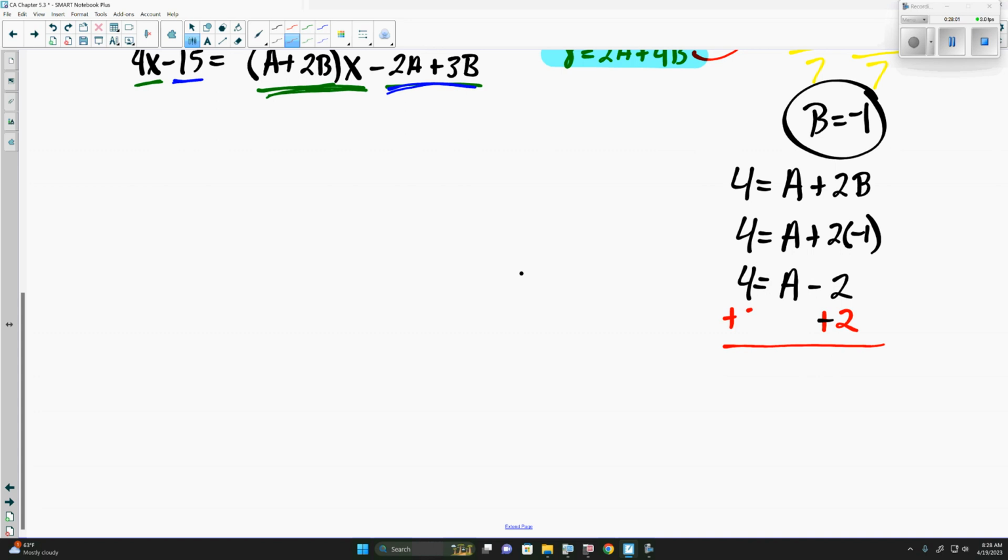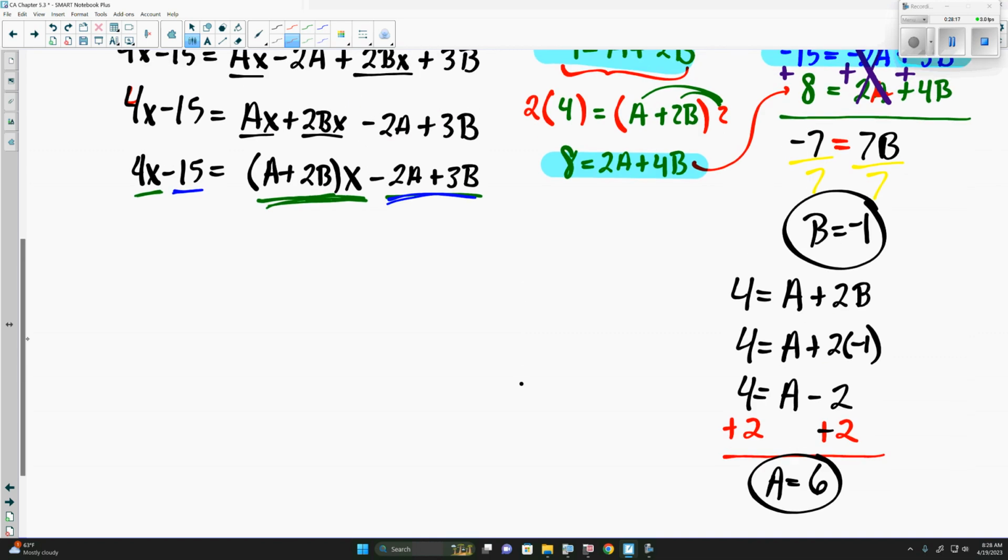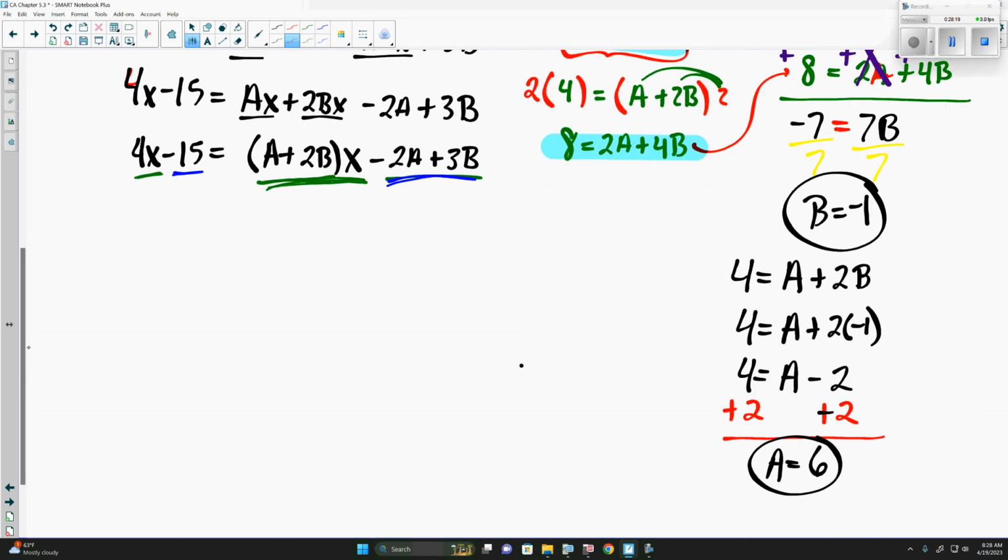At this point here, we can add 2 to both sides, telling us a is equal to 6. Any questions on how we found a and b?